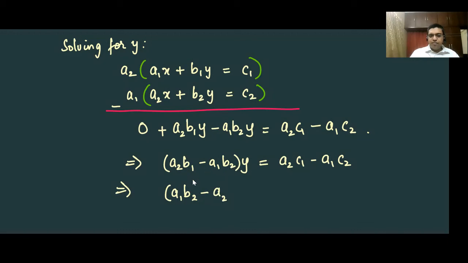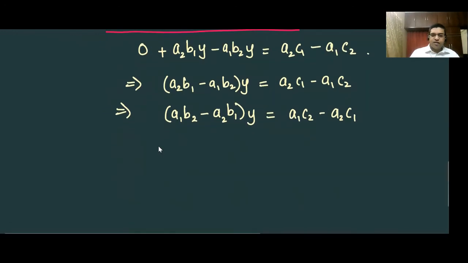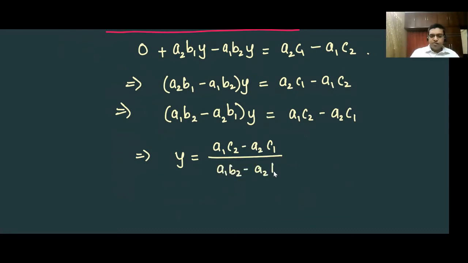So a1 b2 has a plus sign, and a2 b1 has a negative sign, and here you get a1 c2 minus a2 c1. So y becomes a1 c2 minus a2 c1 by a1 b2 minus a2 b1. So this is nothing but the determinant of a1 b1 a2 b2 in the denominator, and the numerator is the determinant of a1 c1 a2 c2.